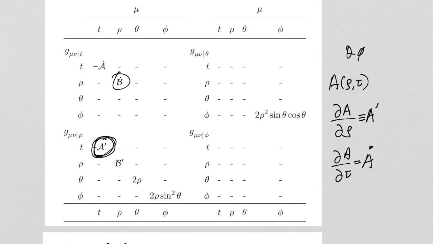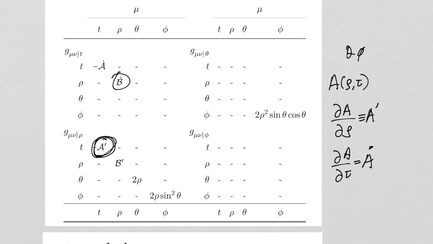The primes are partial derivatives with respect to rho. And there's no requirement for a symbol for partial derivatives with respect to theta or phi, because the only metric components that are functions of theta and phi don't have a and b in them, so we just execute those derivatives.